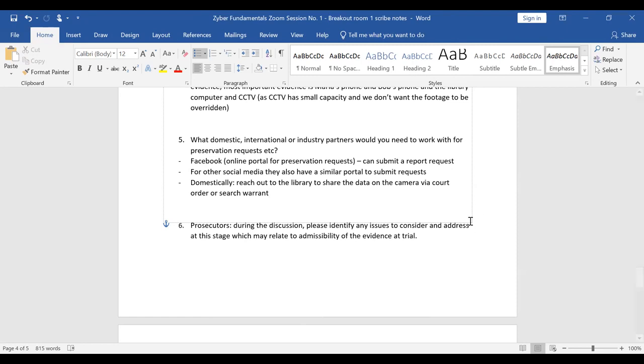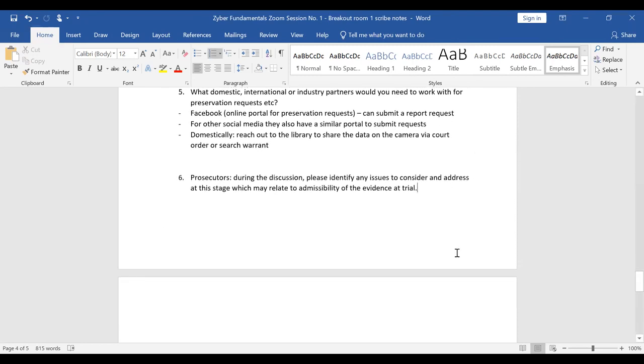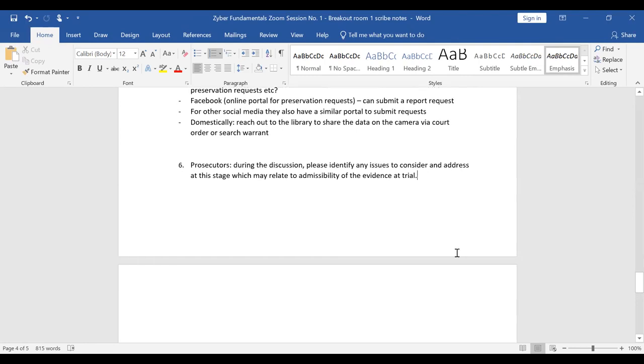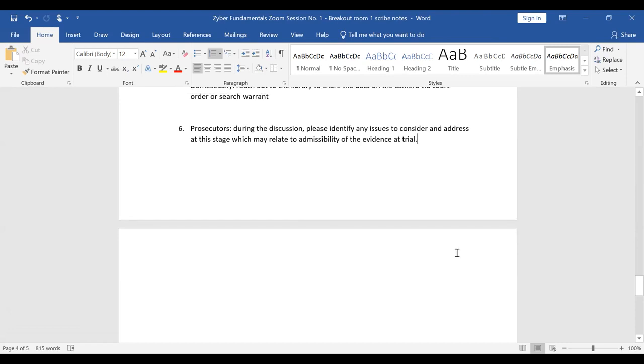So we come to number 6. During the discussion, please identify any issue to consider and address at this stage, which may relate to admissibility of the evidence at trial. We ran out of time to answer the last question, but I think this type of question is really good for our lawyers.